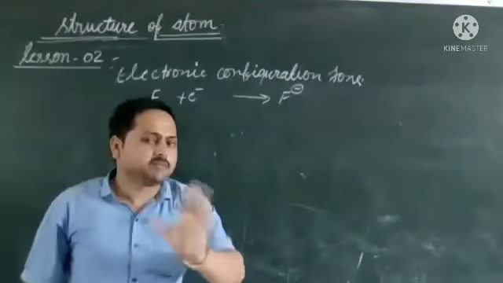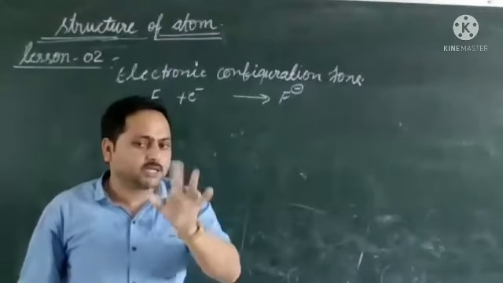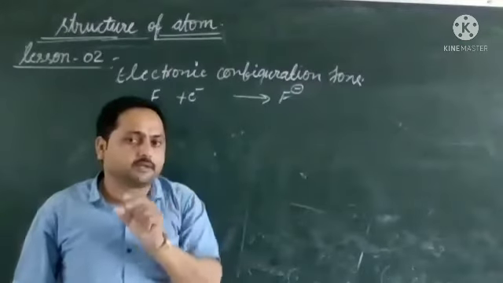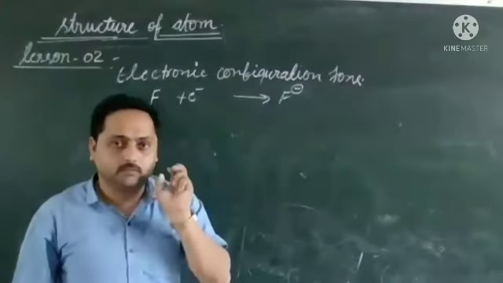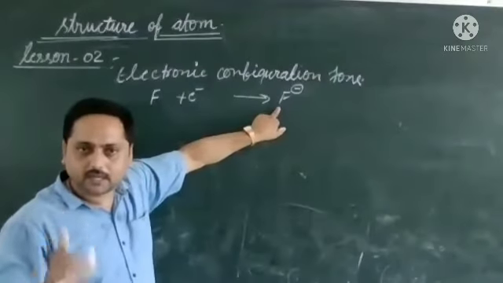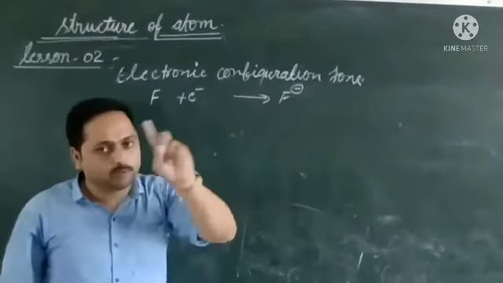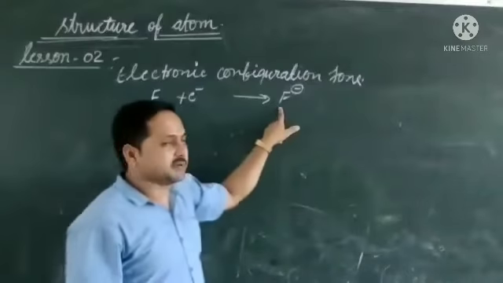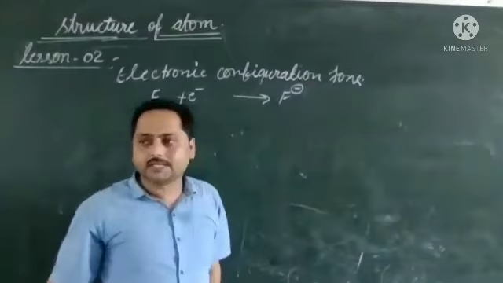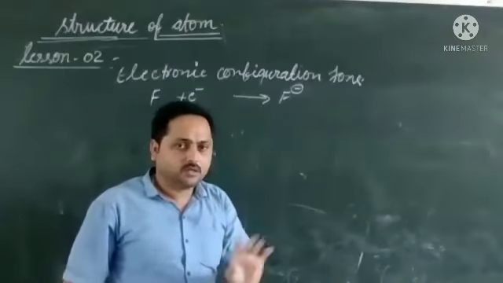And how many negative charges are there? That many electrons will be added to the actual number of electrons of that atom. Just see: 9 electrons in the normal case, but with 1 negative charge, 1 electron is added. So the number of electrons is 10. Got it? So we can write the electronic configuration of this.